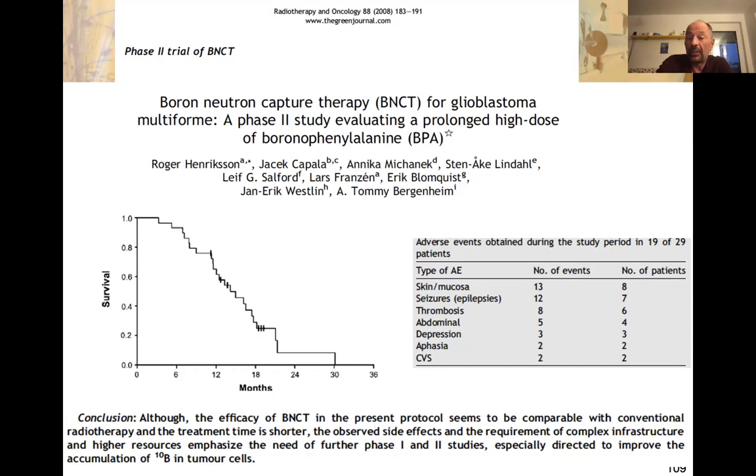You see that the conclusion of the authors was that the efficacy of BNCT in the protocol seems to be comparable with conventional radiotherapy. But the observed side effects and the requirement of complex infrastructure and higher resources emphasize the need of further phase 1 and 2 studies, especially directed to improve the accumulation of boron in tumor cells. So essentially, no success, also for glioblastoma with BNCT.